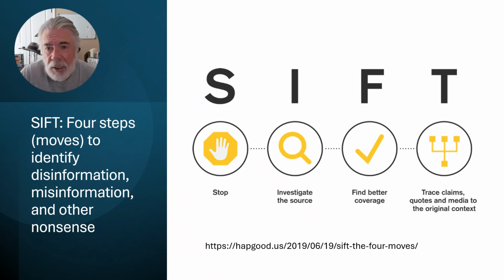I've placed the URL for the website if you want to dig deeper here on this slide. So first of all, and this is perhaps the most important, is stop and take a deep breath. Just stop when you are searching something. What often happens is people will do a Google search and they will see the stuff that pops into their computer, on their phone screen, whatever, and it's a list of headlines and links.